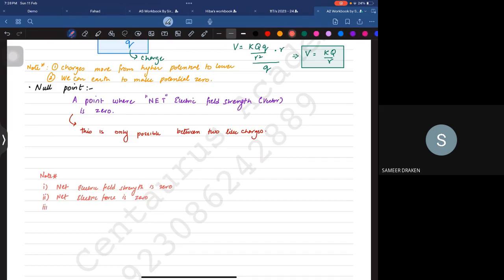And number 3, net electric potential is maximum. We're going to look at the third point when we start the electric field questions, electric potential questions. My bad.